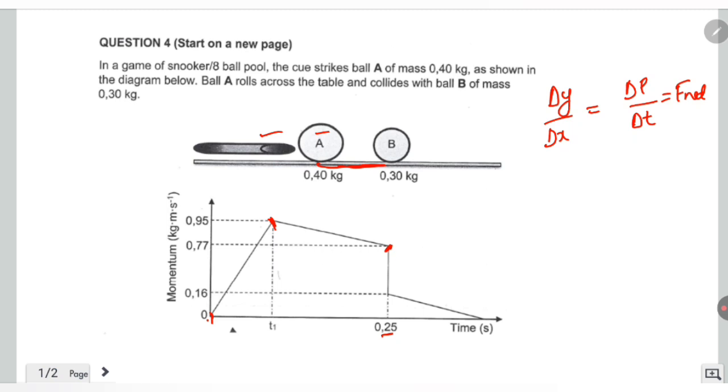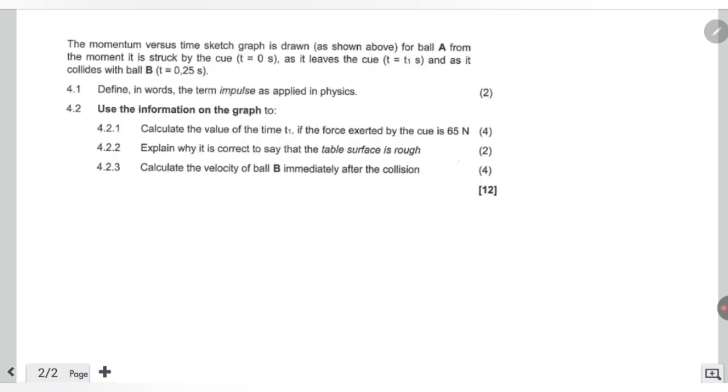If you look at it, what is the change in momentum? Final momentum minus initial momentum: 0,95 minus 0, over the corresponding time T1 minus 0. That's equal to F net, which they said is 65 newtons.